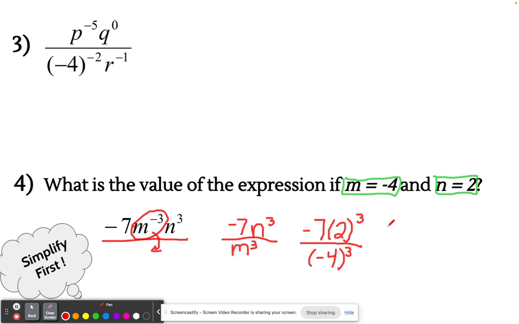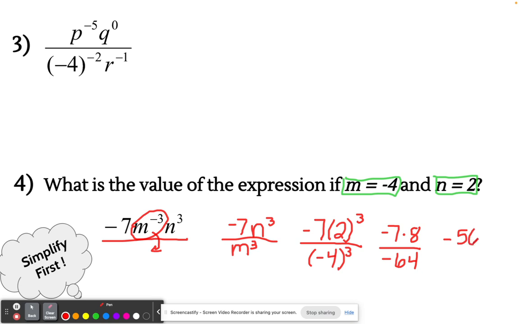Well, 2 to the 3rd power is 8, so I have negative 7 times 8. And negative 4 to the 3rd power: negative 4 times negative 4 is positive 16. Positive 16 times negative 4 is negative 64.